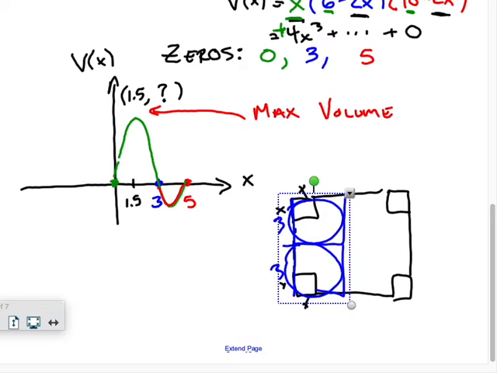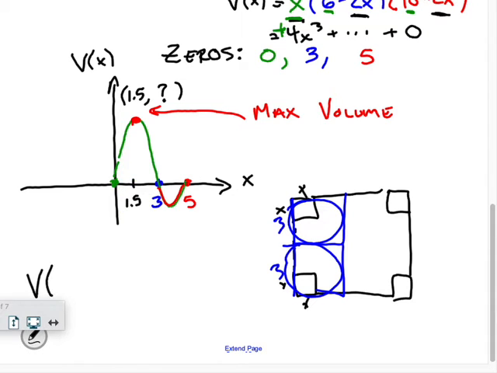So ultimately our goal is to find the maximum volume, and that maximum volume is going to show up right here, all right? Remember, this is an approximation. Calculus will allow you to find the maximum volume when you take that course, but for now we're taking this 0 in green, this 0 in blue, finding the average, the midpoint, which is 1.5, and then plugging that 1.5 back into our volume function.